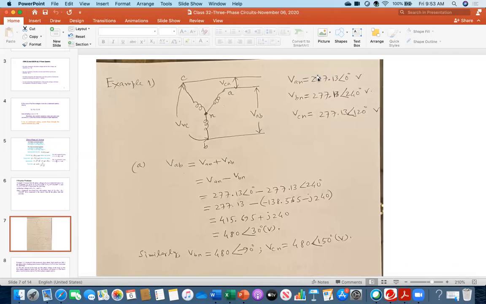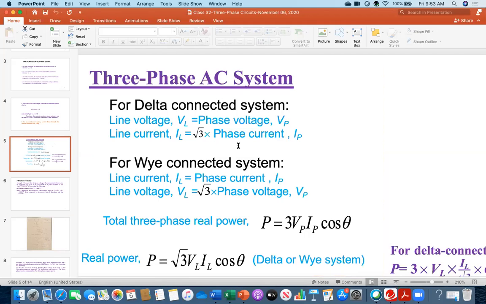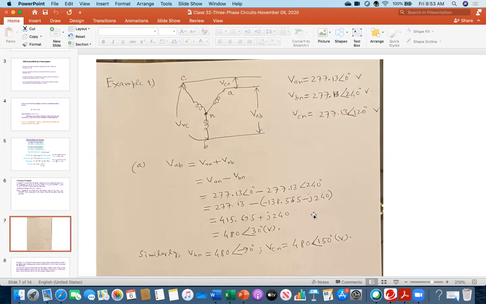If you multiply this magnitude by √3, it is giving you 480. So then this is right. It is justified. Sorry, this one is for the Y connected system. Could you follow me what I'm saying? Yes.